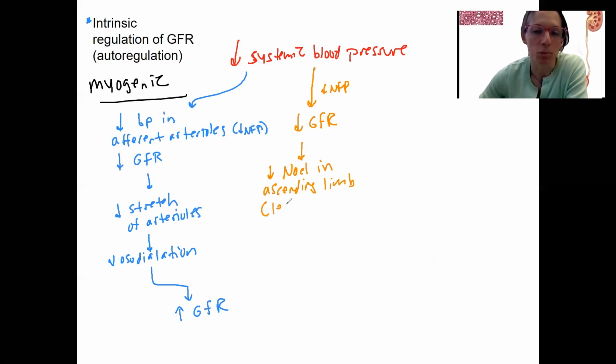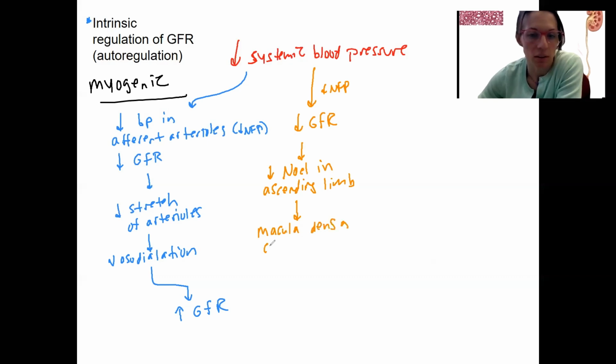I'm sorry, we don't have less reabsorption. We have less filtrate, so we have less sodium in that ascending limb. What is going to detect this reduced sodium in the ascending limb? Well, our macula densa cells of that juxtaglomerular complex.